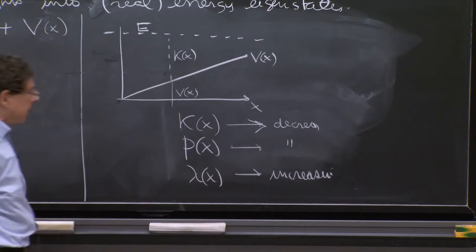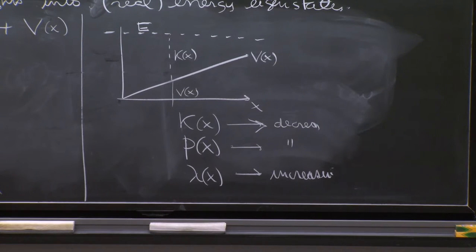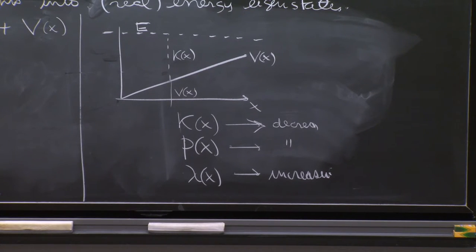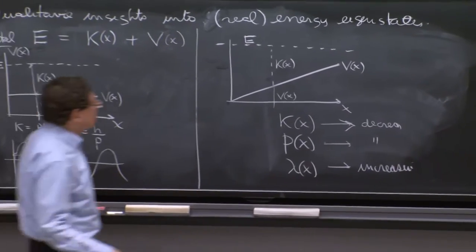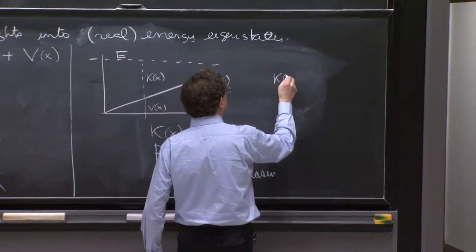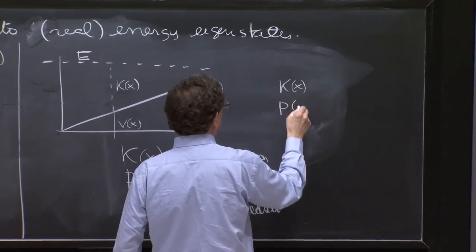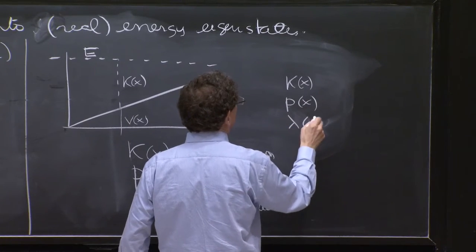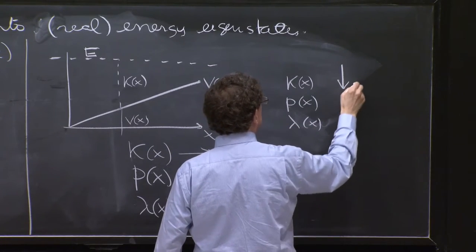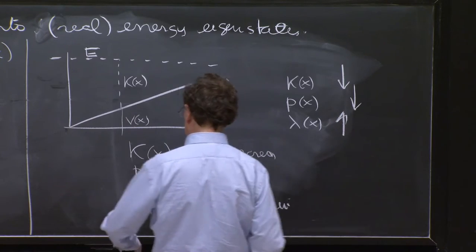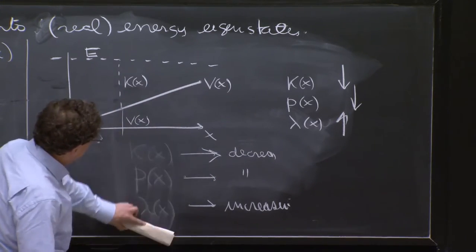A wave with a de Broglie wavelength that is increasing. Now I should have written them here, maybe K of x, p of x, lambda of x. This is decreasing, decreasing, increasing. So I can plot it here.